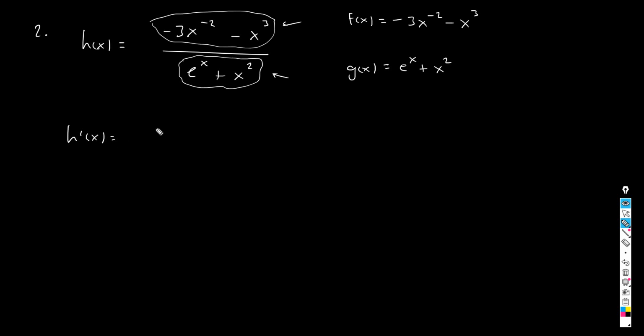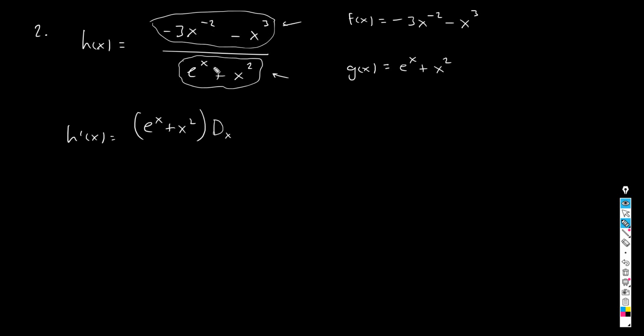h prime of x will be the one below times the derivative of the one on top. And I'm gonna make use another time of the derivative operator.